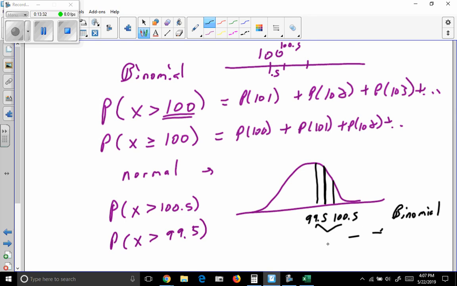Notice that width is 1 unit, and x equals 100 is halfway in between. So that's what's called a continuity correction. It gives us the same width, and it is centered at whatever x value we're dealing with.